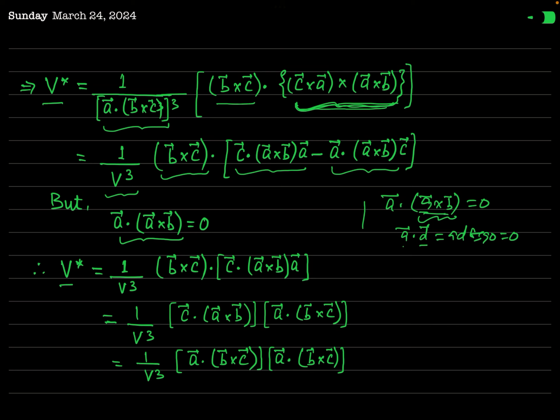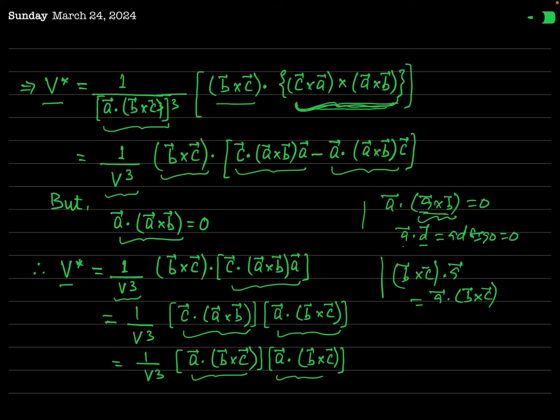V star will now be equal to 1 over V cube times B cross C dot C dot A cross B times A. And this can be written as C dot A cross B times B cross C dot A. But the scalar product is commutative, so B cross C dot A can be written as A dot B cross C. So the second factor will be A dot B cross C. Now C dot A cross B is just equal to A dot B cross C.